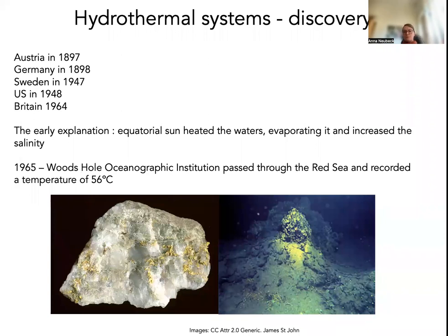And they also looked at the sediments that they were taking up, and they could see that these sediments were full of shiny metals and full of unusual colors. They could see these fantastic metals that were precipitating out in these sediments.